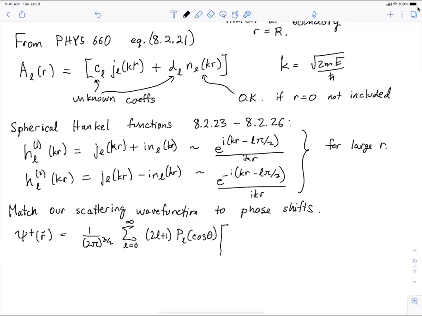And now when we plug in the spherical Hankel functions, it looks like this. e to the i 2 delta L, e to the i KR, minus e to the minus i KR minus L pi. Right, so the outgoing wave has the phase shift e to the 2i delta L in it. The incoming wave is really coming from the incoming beam, so it doesn't have any phase shift. It doesn't get affected by the potential. And then this is all over 2i KR.